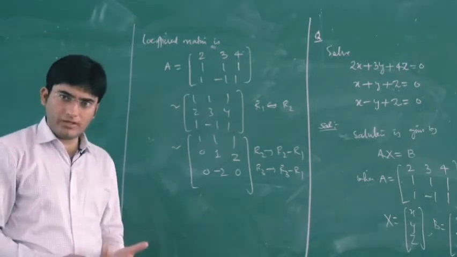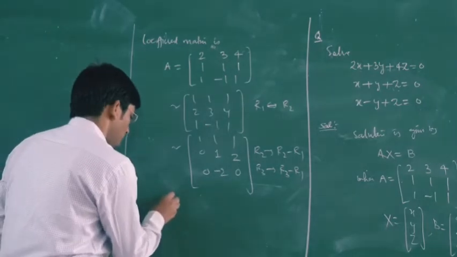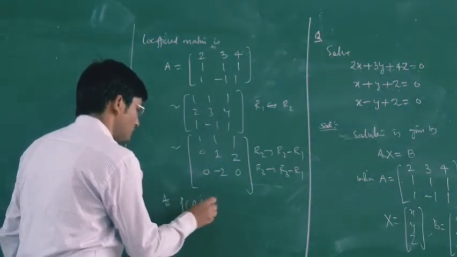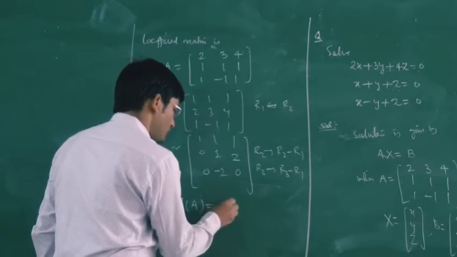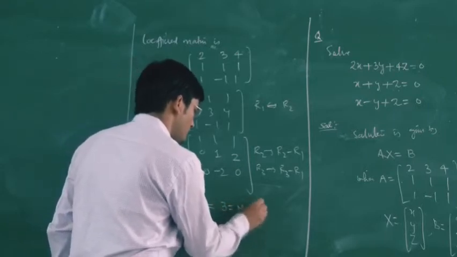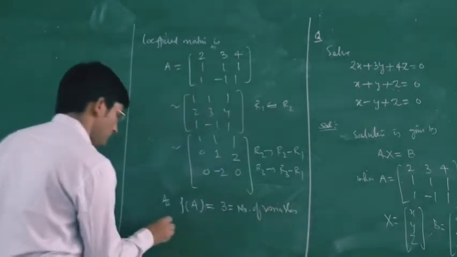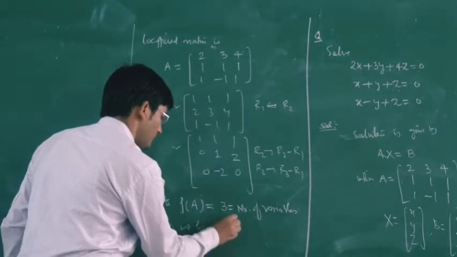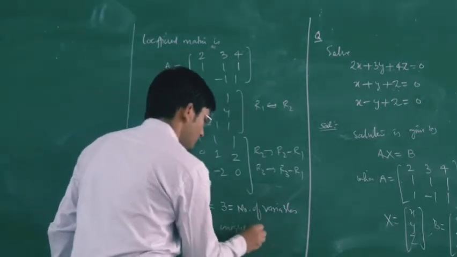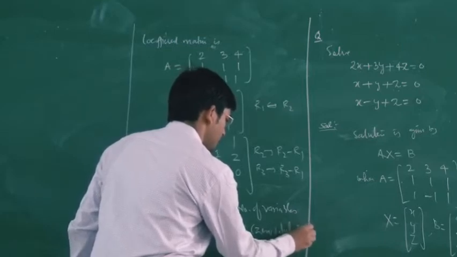So we have a unique solution and that will be the zero solution, as rank of A is equal to 3, equal to the number of unknowns, number of variables. Unique means zero solution in this case.